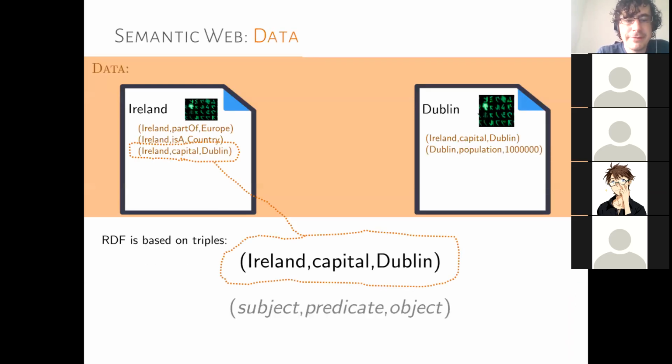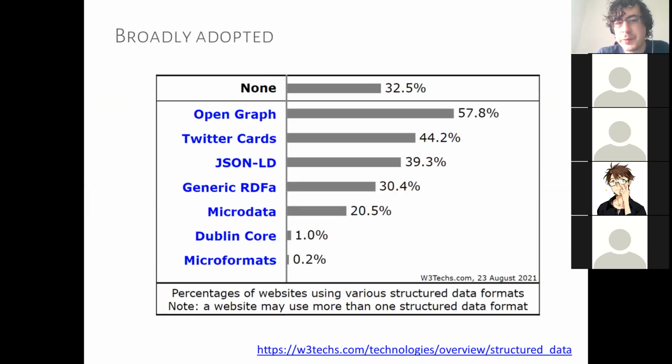So in general, RDF, we've spoken about this, is the agreed data model for the semantic web, for the web of data. It's a web standard, and it's quite broadly adopted. This is an analysis, with recent statistics about the number of websites publishing different types of structured data.